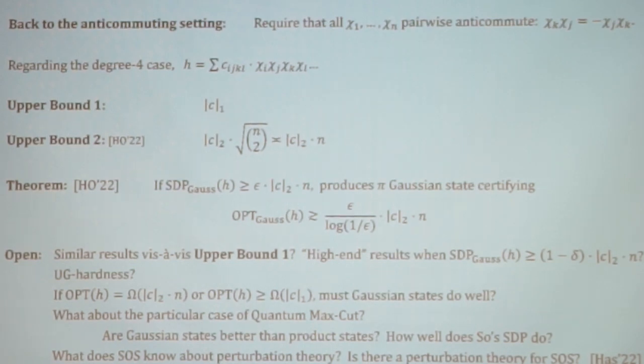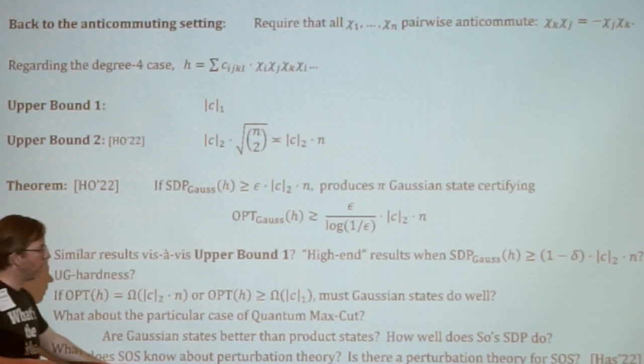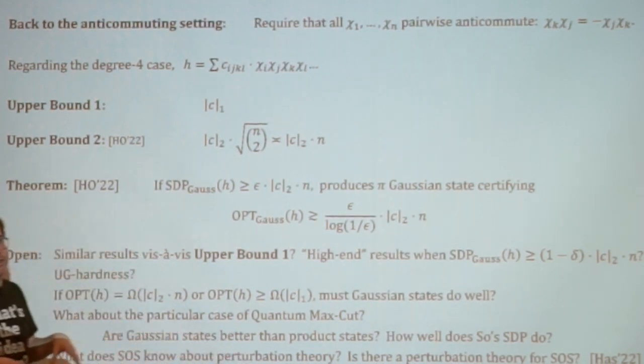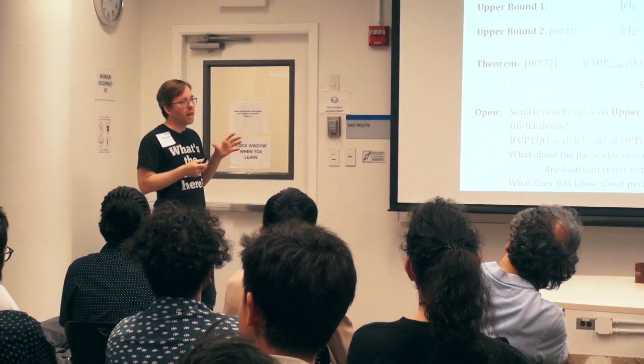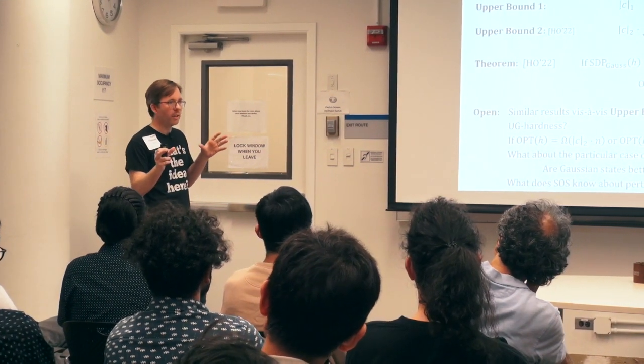And let me just advertise this paper by Matt Hastings. I'm probably out of time, but he has some very interesting questions about how much SOS knows about perturbation theory, which is the situation where you have a simple Hamiltonian, you know its optimum, but then you add in epsilon times a complicated Hamiltonian.